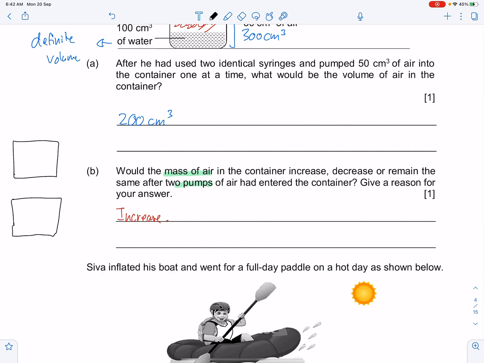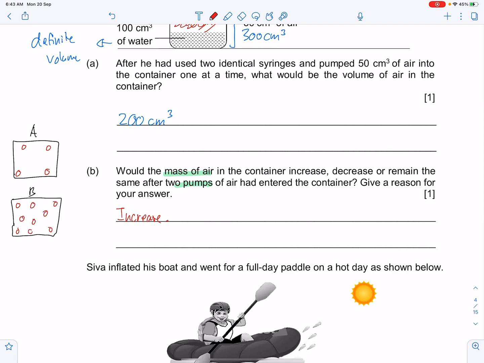Just to explain about this, now I'm drawing for you 2 diagrams. In the first diagram, A and B, A has 4 particles of air. Okay, this is the amount of volume that it occupies. Can you see how far they are apart? Now what happens is when you pump in more air, you're putting in more particles, correct?